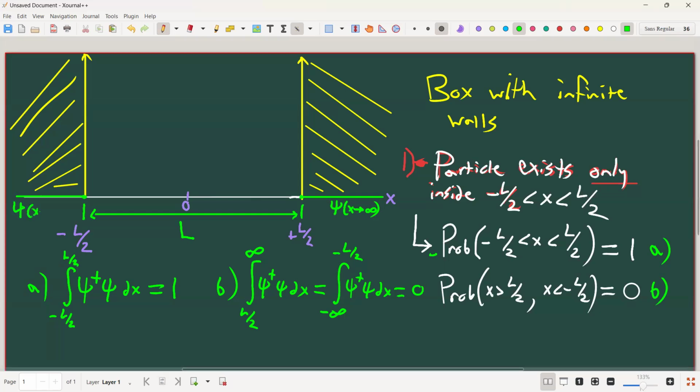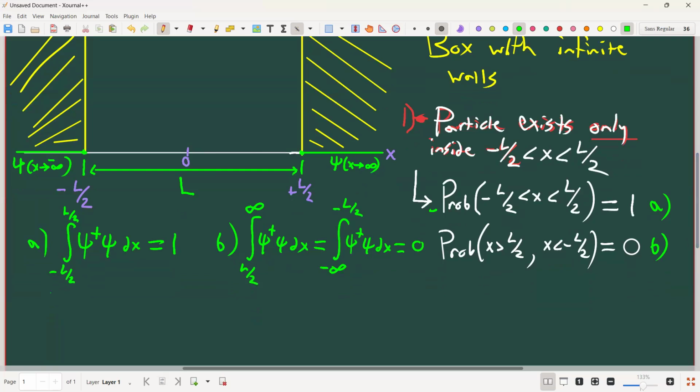This is psi as x goes to minus infinity. So it's 0, and it's also 0 at the walls. Remember, the particle can't be on the wall. So whatever the particle's wave function is, it has to go to 0 at the limiting points. That's actually a really nice constraint for us, as we'll see in a second.